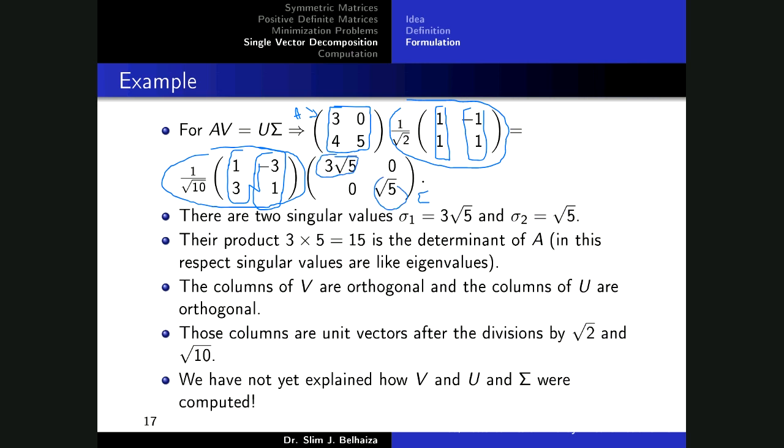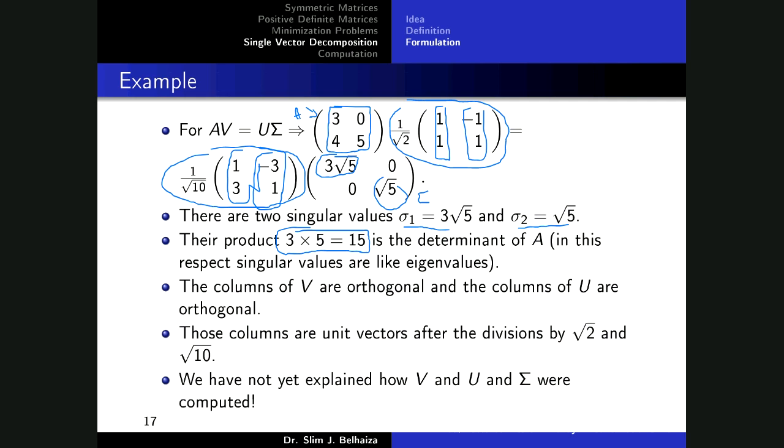So for this matrix, we will show later on that these are the singular values we could obtain, and their product happens to verify the same characteristic we've seen for eigenvalues, that their product is equal to the determinant.